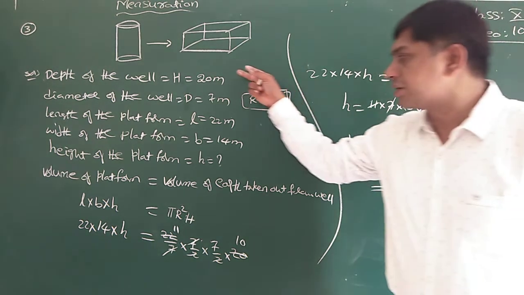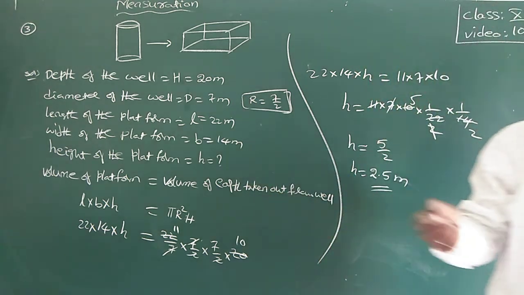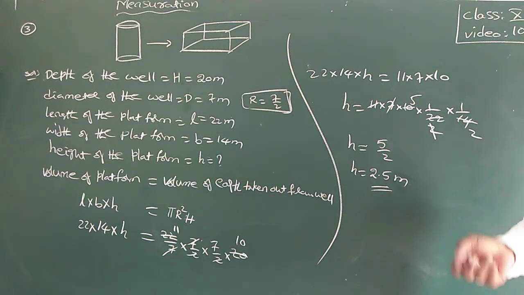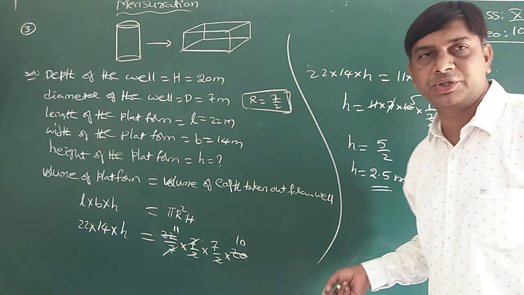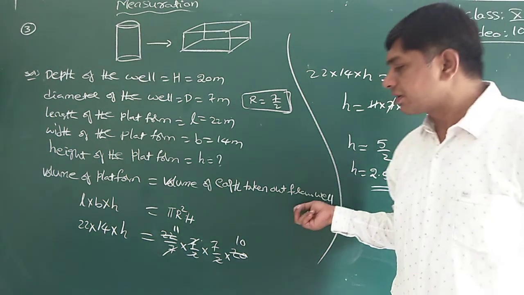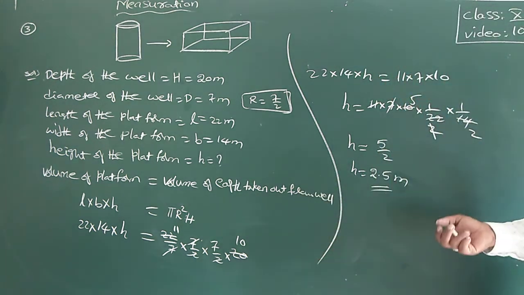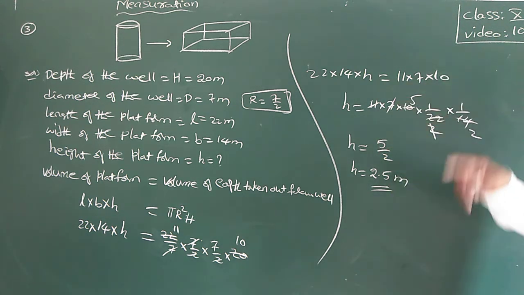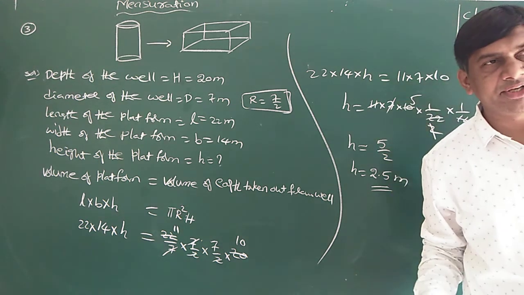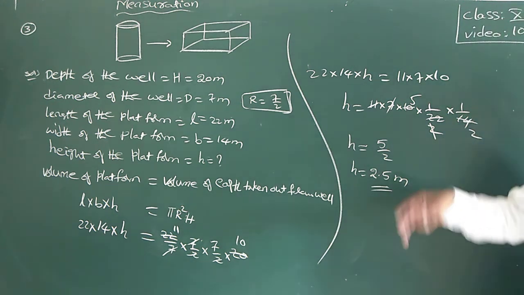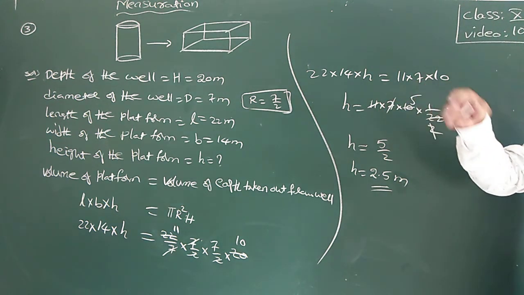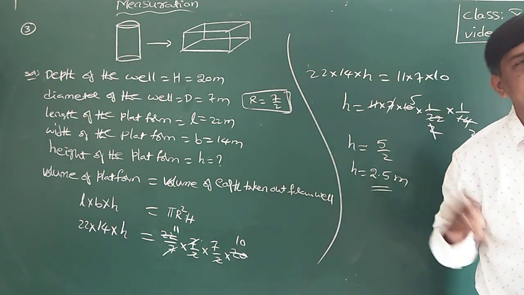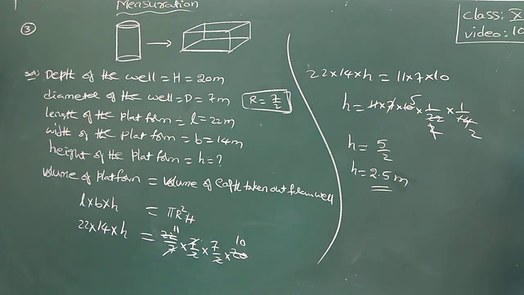Maybe in your textbook the measurements are different, because I am using your old textbook, so whatever measurements I found in my textbook, that I am using. So answers may vary. Check your calculations once again against the digits given in your textbook. If different digits are there, take it as homework and practice that. Okay, thank you.